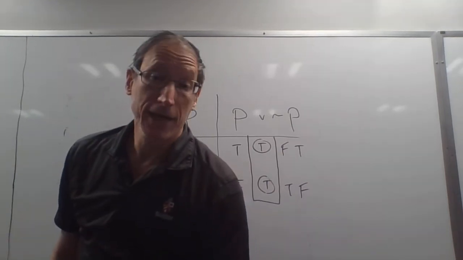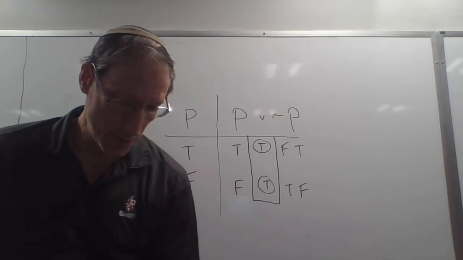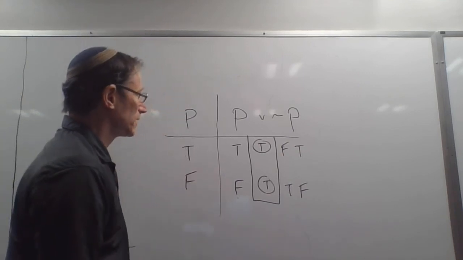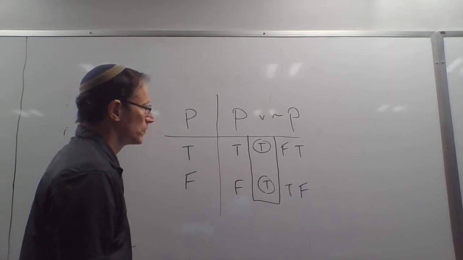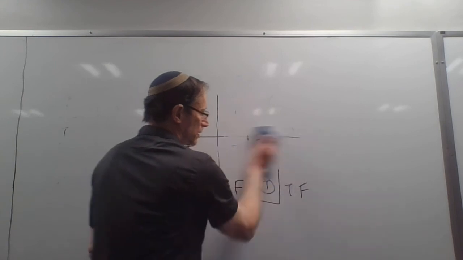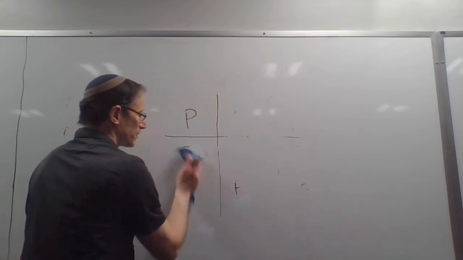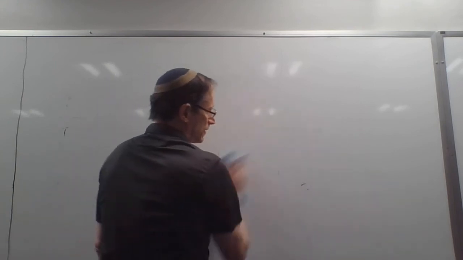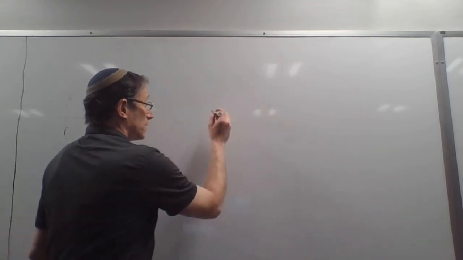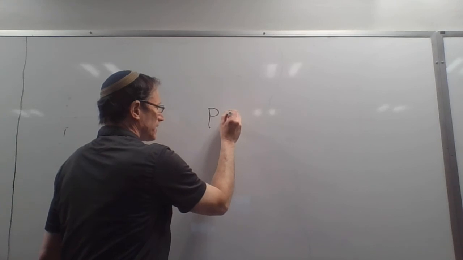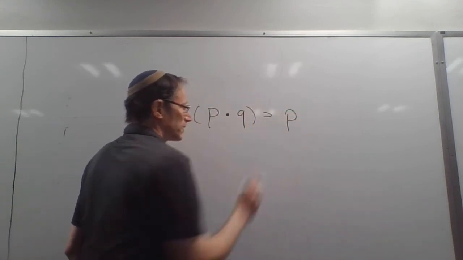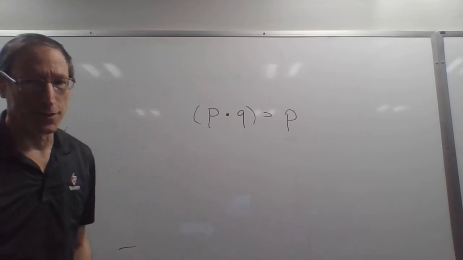Now, there are more complicated examples of tautologies. Let's give you a little more complicated example. Suppose you have something like P and Q horseshoe P. I happen to know that this is a tautology.